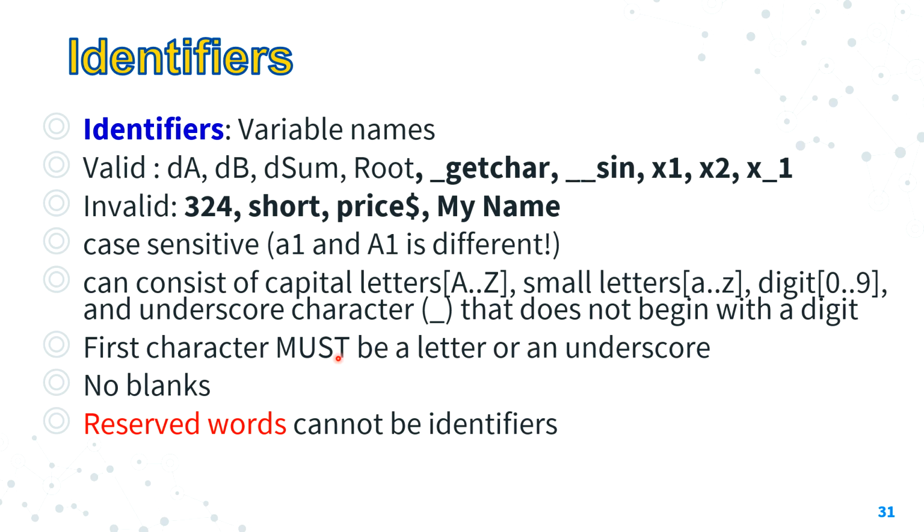Also, identifiers cannot be reserved words or keywords such as int, float, or return, because these words already have special meanings in C. So when naming identifiers, always choose names that are meaningful and easy to understand. This makes your program more readable and easier to maintain. The key reminder here is good identifier names make programs easier to read, understand, and debug.